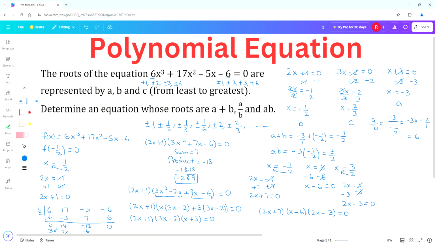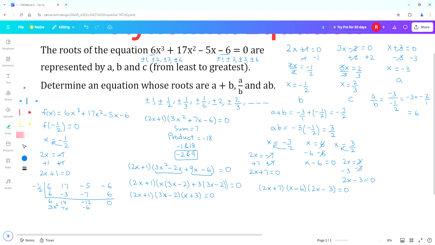We can distribute the terms in these parentheses to write the equation in standard form. Let's start by distributing the terms. In the first two parentheses, we can use the FOIL method.